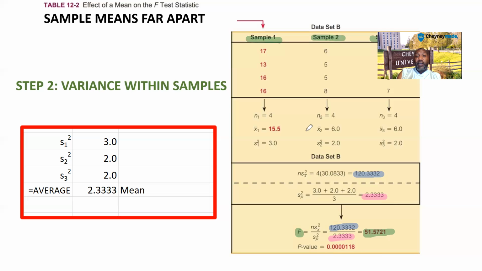We reject the claim, we reject the hypothesis that all 3 of these are equal. We reject the null hypothesis because we think that these means are actually different. There's no way they can be equal. The likelihood of that happening is 0.0000118. Trust me, there isn't nothing I would bet money on with those kind of odds.